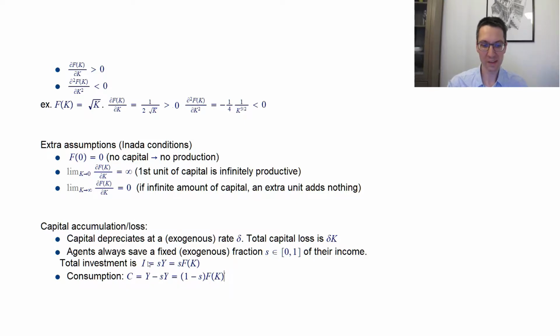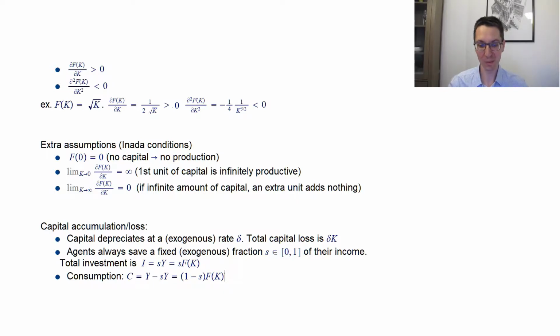This is nice because we have everything written as a function of K, and we're not going to care too much about these capital letters. All the models will be well expressed in terms of K. So this is the capital accumulation and loss. Now, I haven't said a word about the dynamics, but this is a dynamic model.